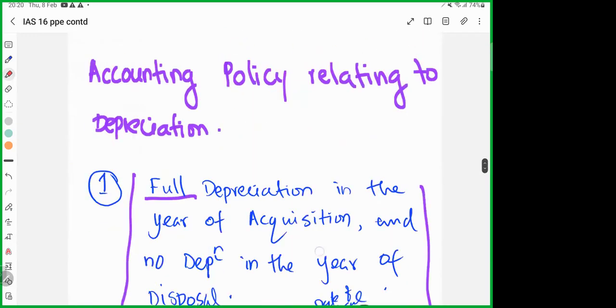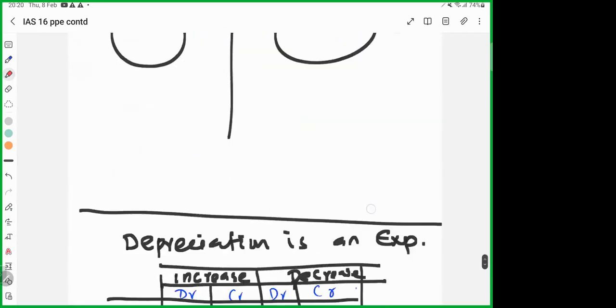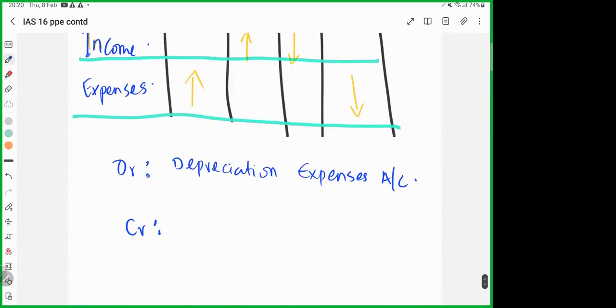So this is the double entry for depreciation expense.